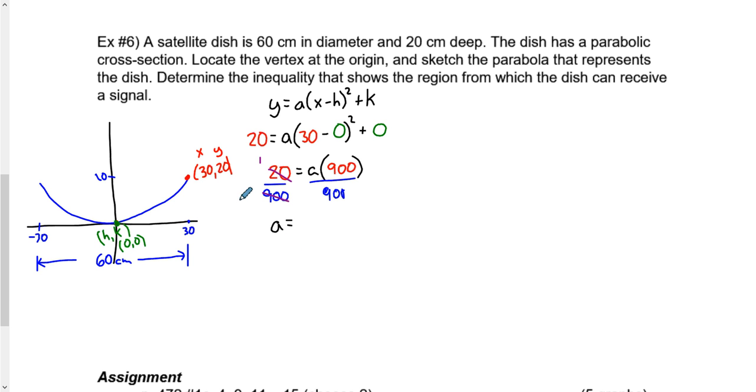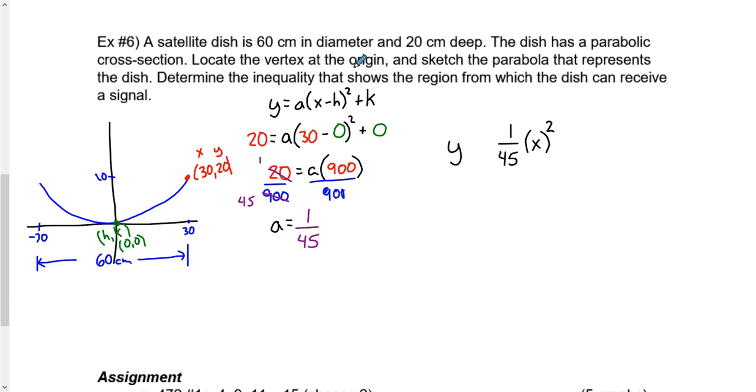Alrighty, 45. So the a value would be 1 over 45. So the equation would be y equals 1 over 45 x squared. And we have y.